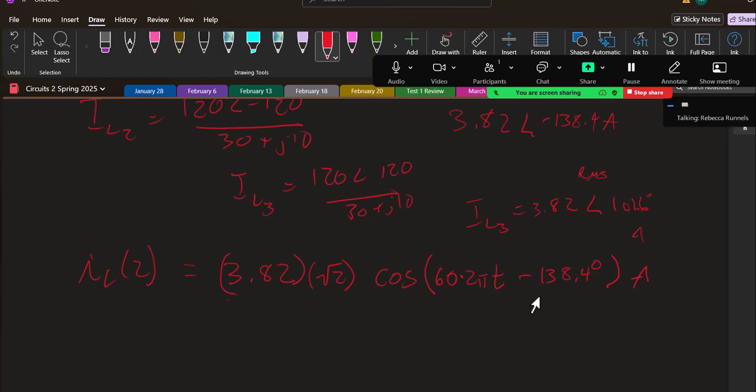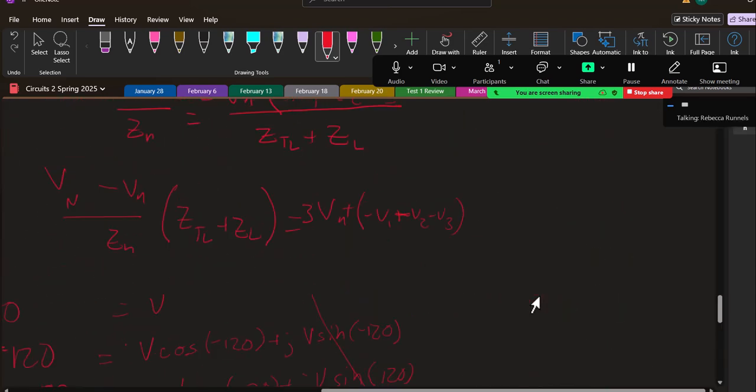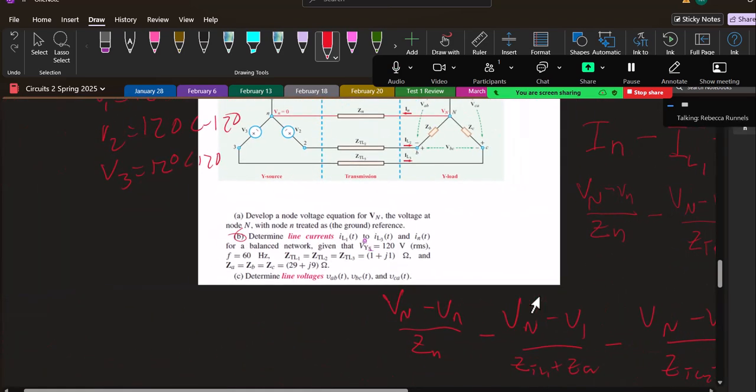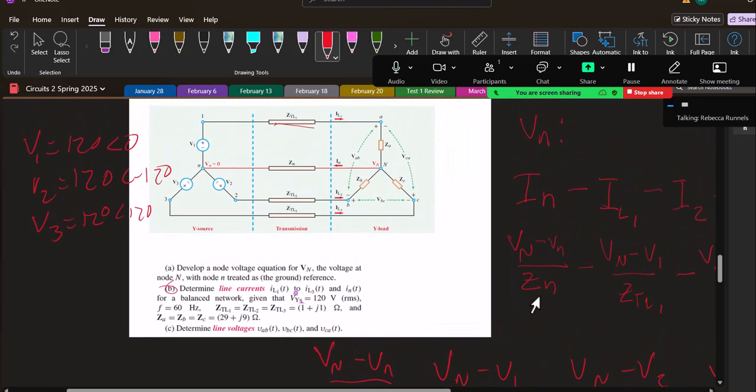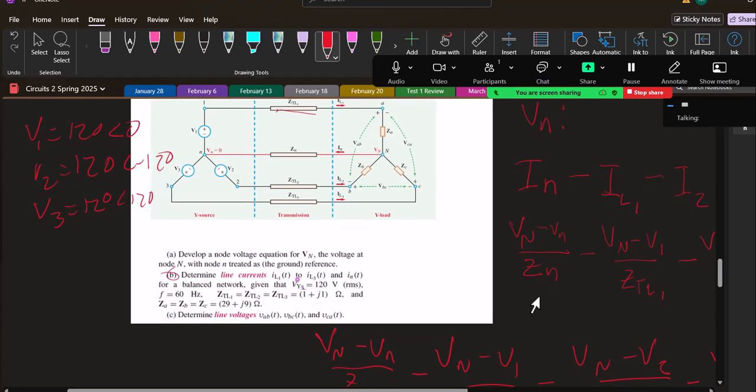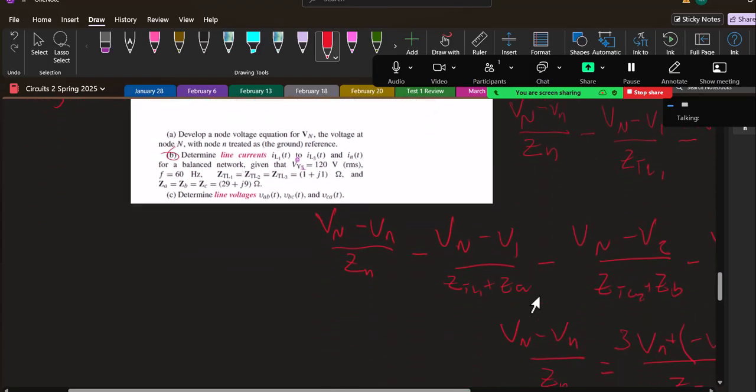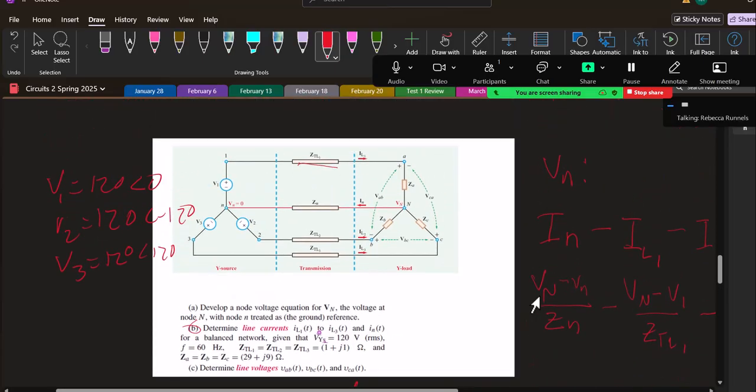Then part C said, determine line voltages VAB, VBC, and VCA. How would we do that?